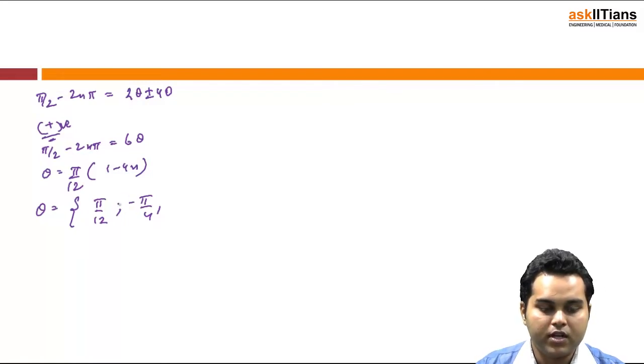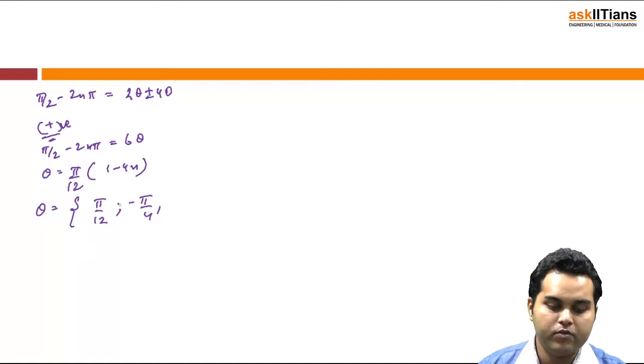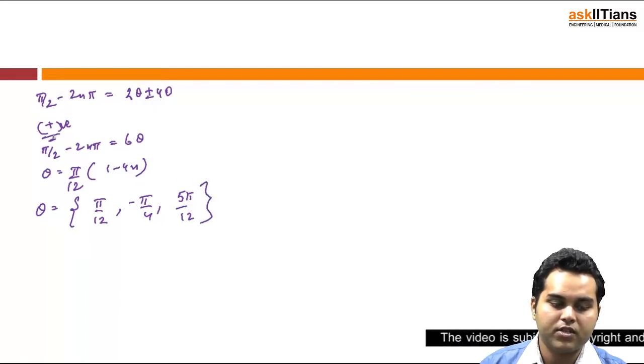I would start with negative values then, that is if I put n equal to minus 1, I would have 1 plus 4, that is 5 pi by 12, positive. Then if I put n equal to minus 2, I would get 1 plus 8, which would be lying beyond pi by 2. So these are the three values for the positive sign.